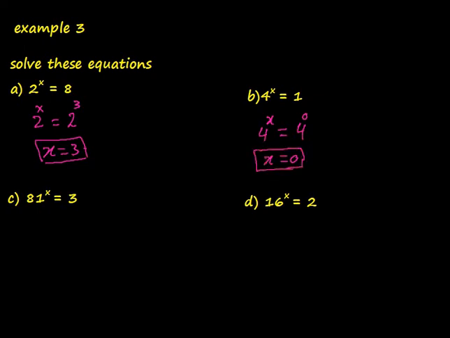And now guys, let's deal with C. We're given that 81 to the power of x equals 3. And now my target is to make equivalent bases. I need to make the two bases equal to each other. So think about 81. 81 can be written in the form 3 to the power of 4. But don't forget that the entire 81 is raised to the power of x.